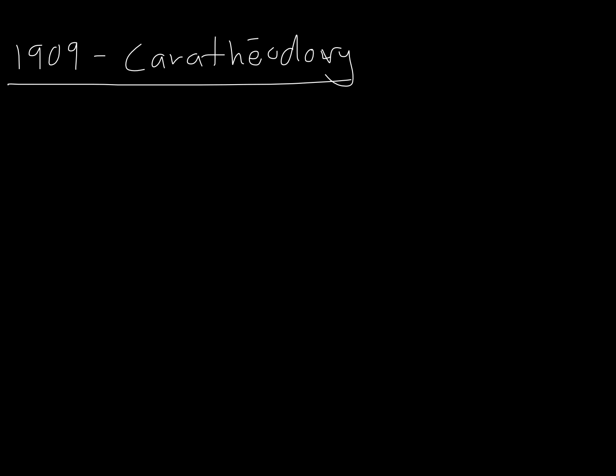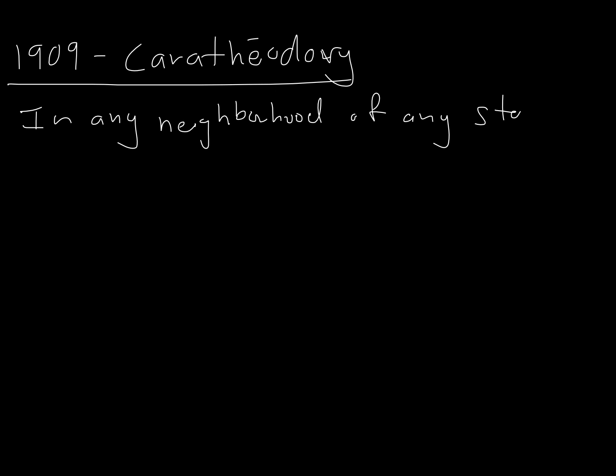So I'll actually write it out because I don't have quite as good a way to paraphrase it. In any neighborhood of any state. We use this term a lot in thermodynamics.